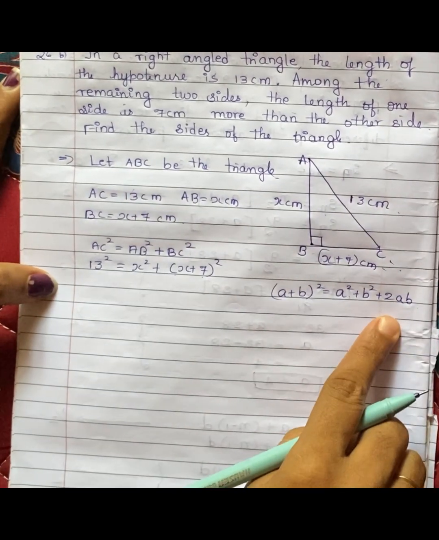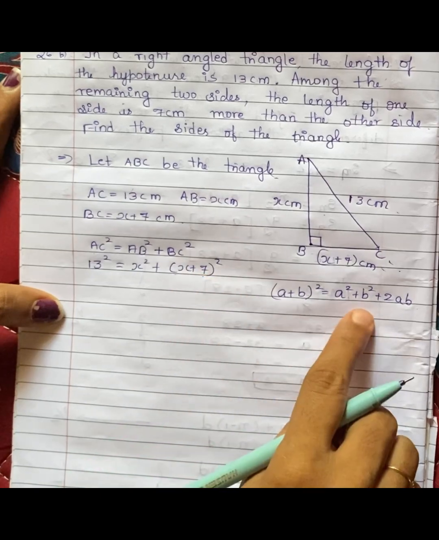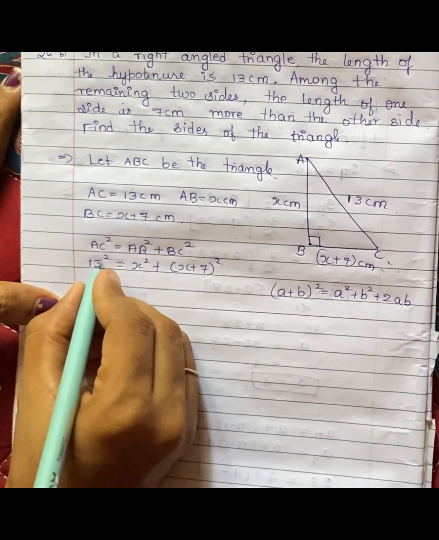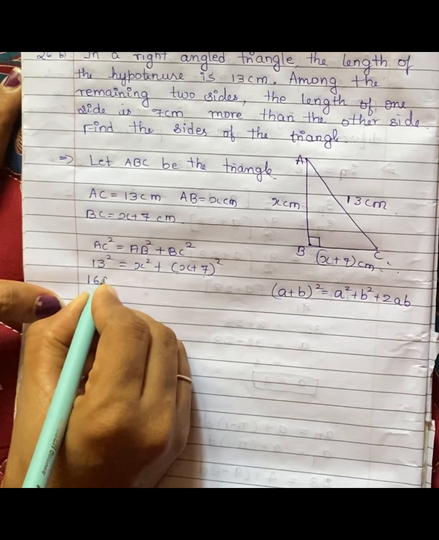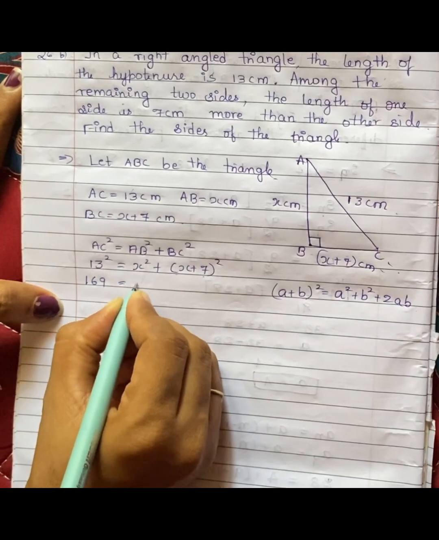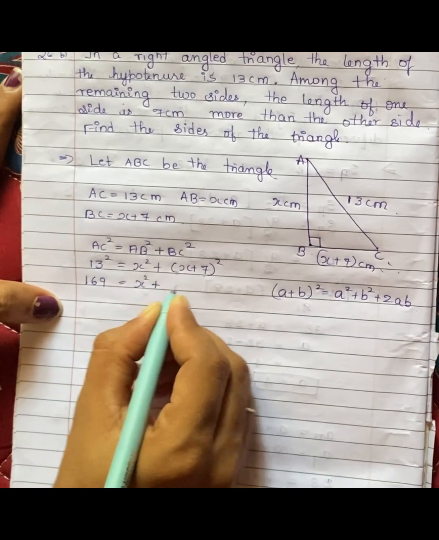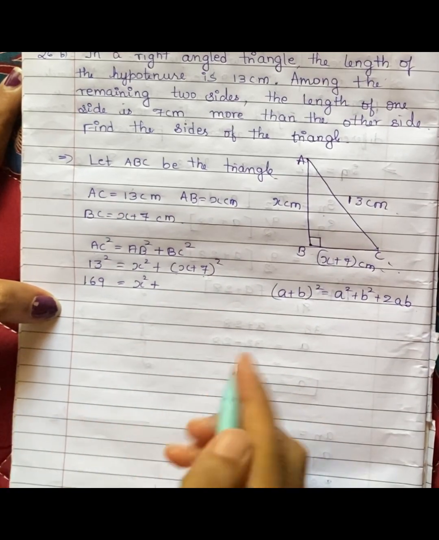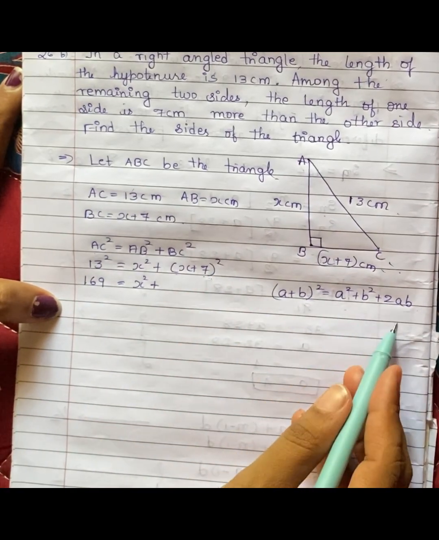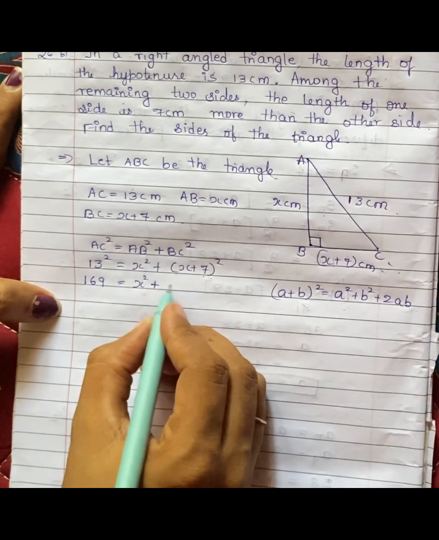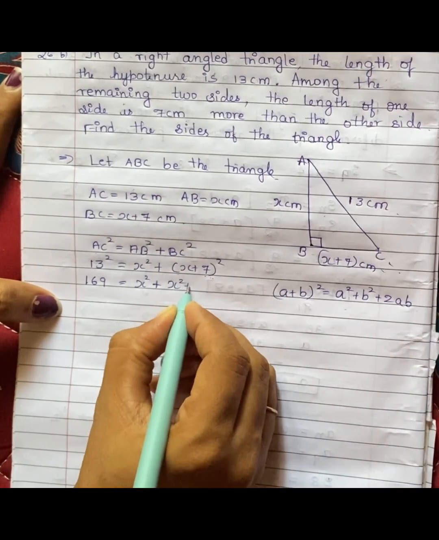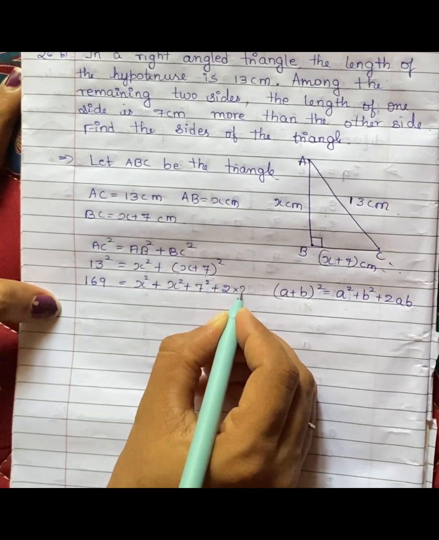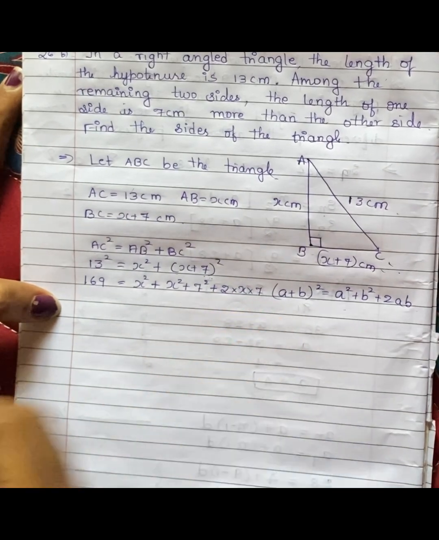We have to write this in the form of a plus b whole square. So 13 square is nothing but 169. Write x square as it is. Now write this x plus 7 whole square in the expanded formula manner, that is x square plus 7 square plus 2 into x into 7.